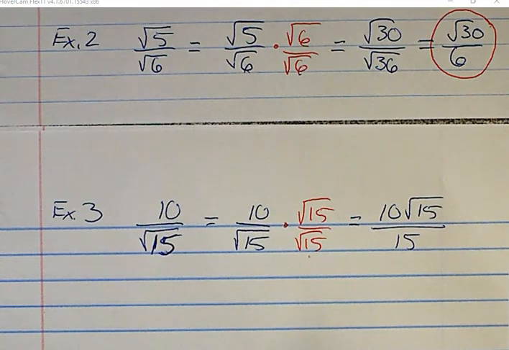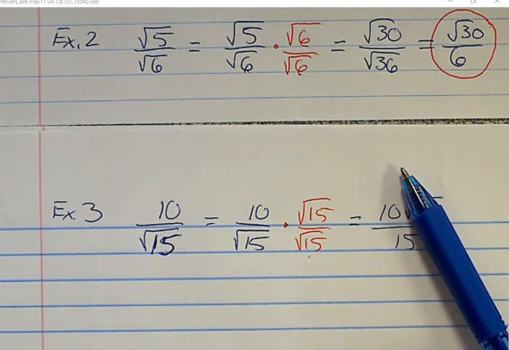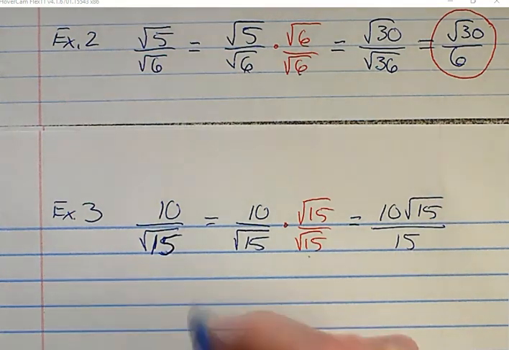Okay, and for this part, once you get here, if that square root of 15 wasn't there, if it was just 10 over 15, you can divide them both by 5. So for this one, you can go one more step and simplify.